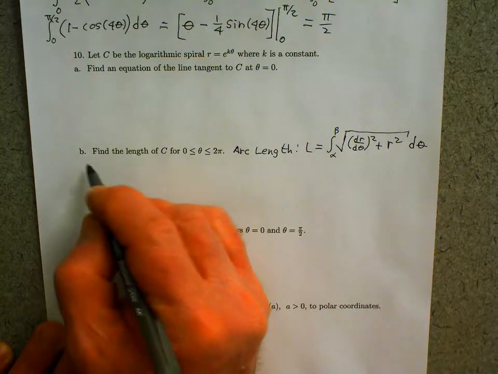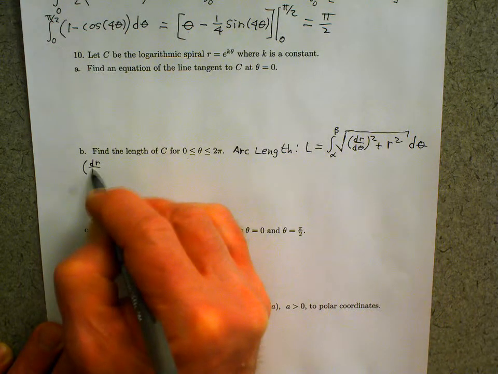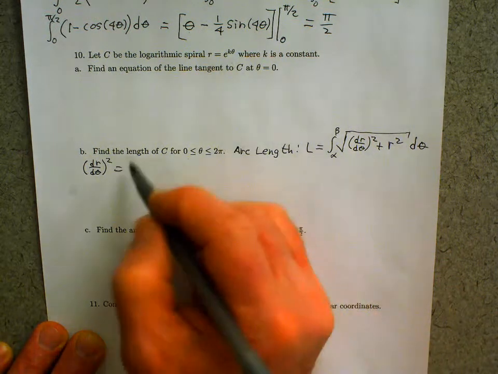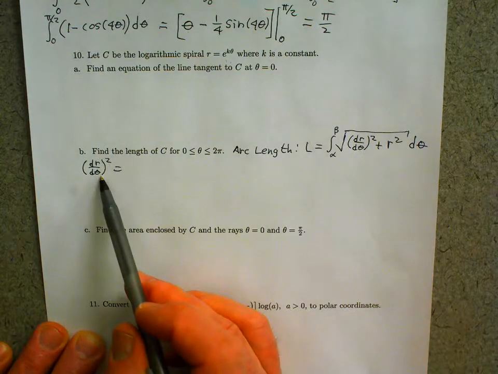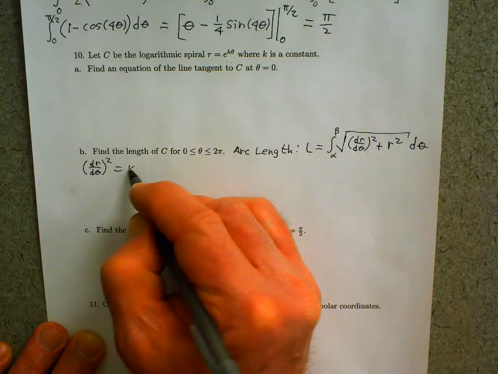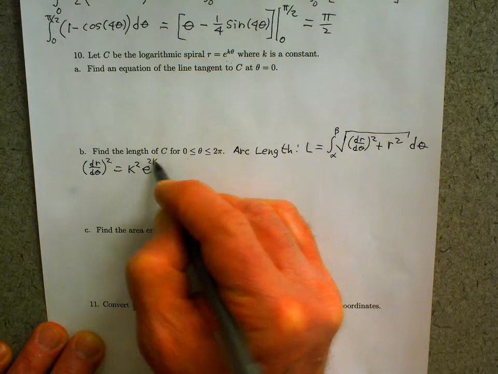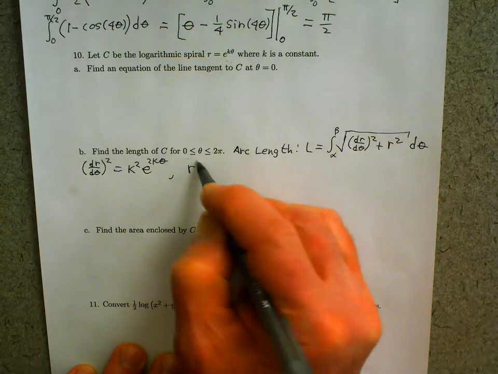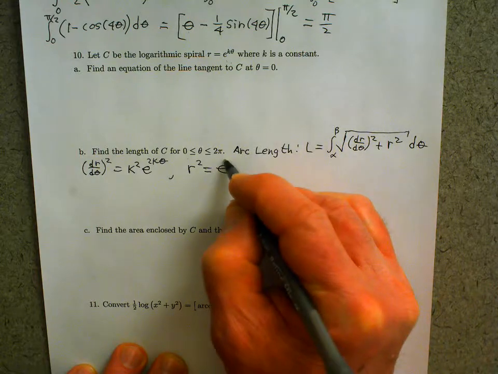Okay, so as we saw earlier, dr d theta is just k times e to the k theta. So when we square that, we'll get k squared times e to the 2k theta. And r squared is just e to the 2k theta.